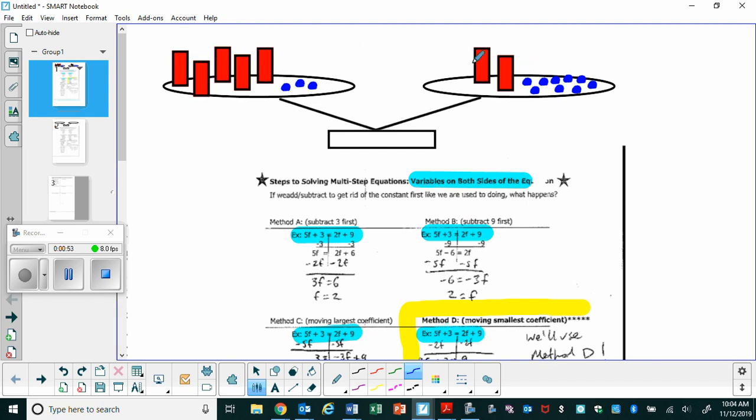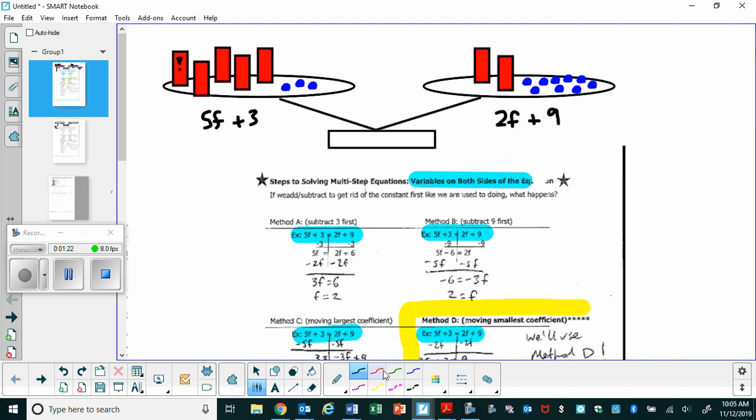On this side, we only have 2 of those boxes or bags, and we have 9 marbles on the outside. So the goal is to figure out how many marbles we have in each one of these boxes. We have 5f on this side plus the 3 represented over here, and on this side, we have the 2f plus the 9. And that's the equation that we have here for all of the problems.